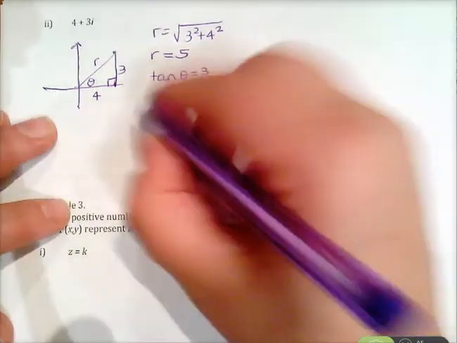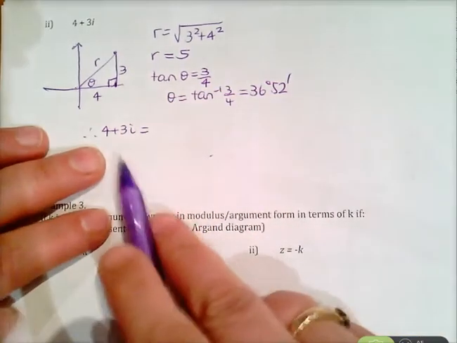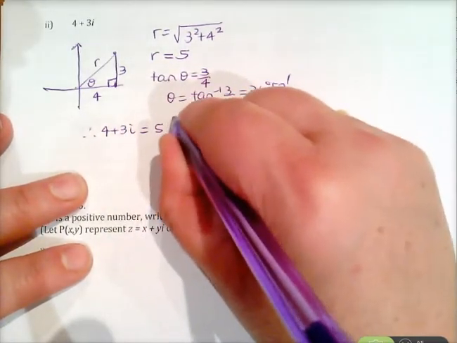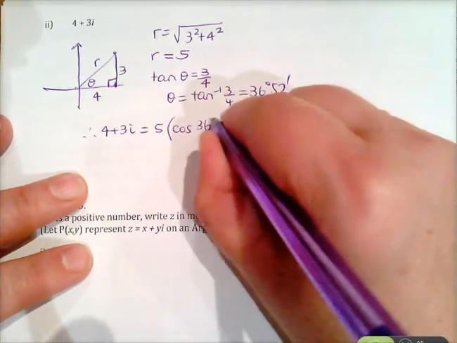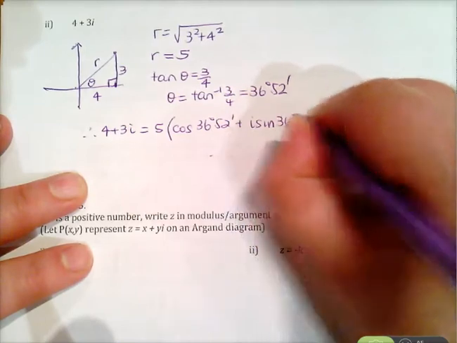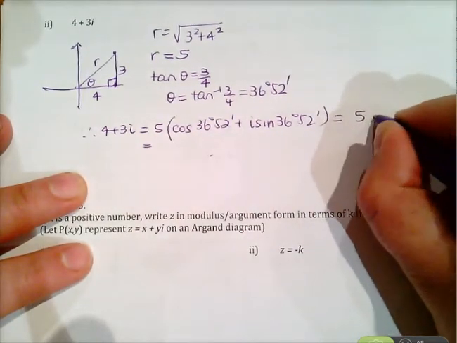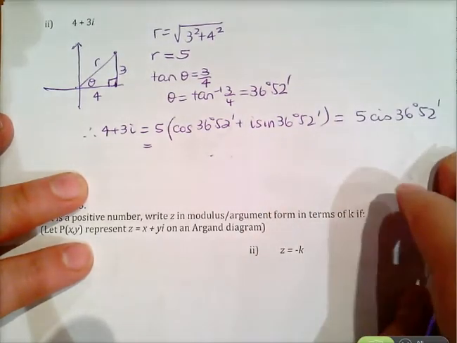So, 4 plus 3i, which is Cartesian form, in mod arg form can be written as r bracket cos theta, which is 36 degrees 52 minutes, plus i sine 36 degrees 52 minutes, or I could write that as 5 cis 36 degrees 52 minutes. That's in abbreviated form.